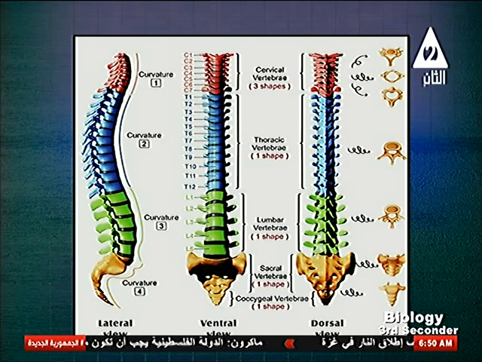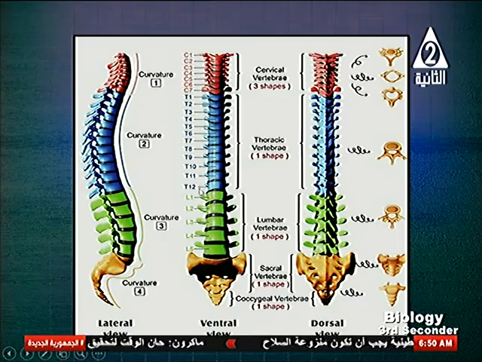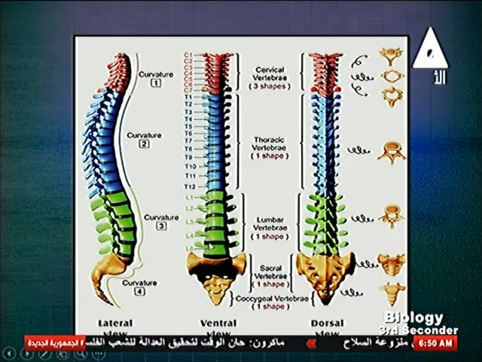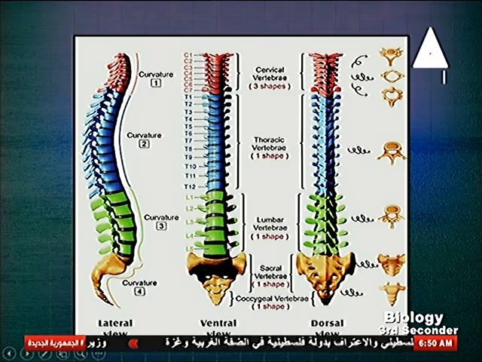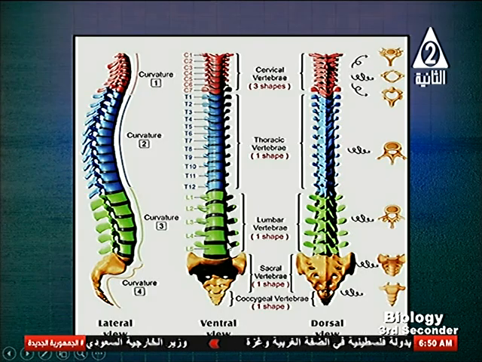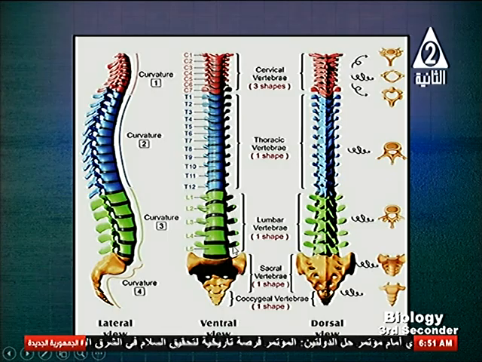The third region is the lumbar vertebra. They are 5 vertebra, the largest vertebra. Vertebra of the cervical region are moderate in size, vertebra of the thoracic region are larger, and vertebra of the lumbar region are the largest. So as we move from vertebra number 1 up to vertebra number 24, the size increases gradually.